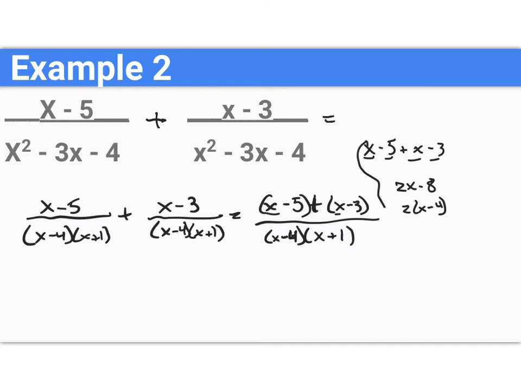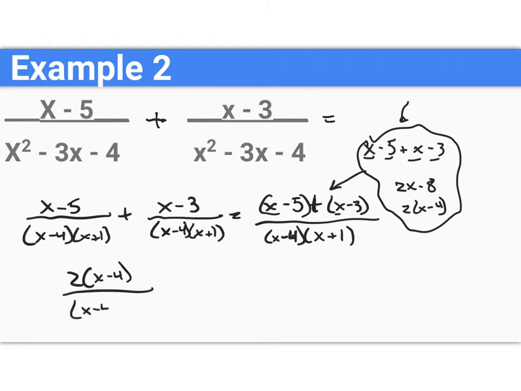This right here is just the numerator. I just did it on the side. So we get 2 times x minus 4 all over x minus 4 times x plus 1. The x minus 4 cancels out, and we're left with 2 over x plus 1. Simplified. That's what we do. We simplify.